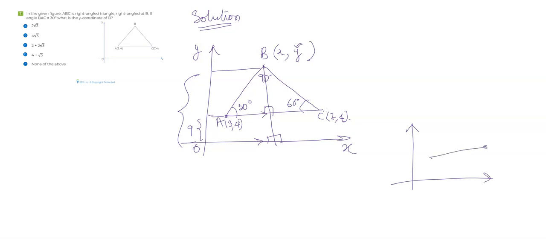If I had a line something like this, say (3, 4) and (7, 6), it's moving up. It is not going in the same straight line.